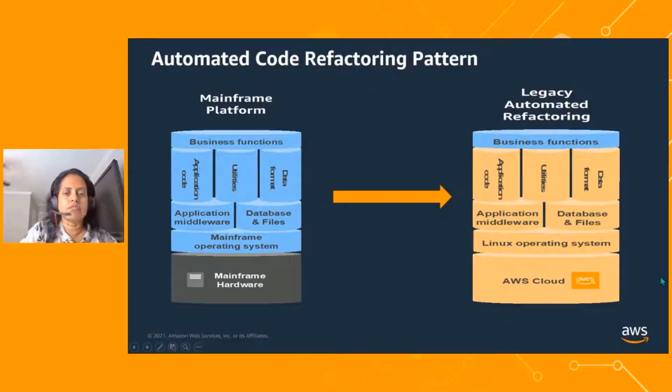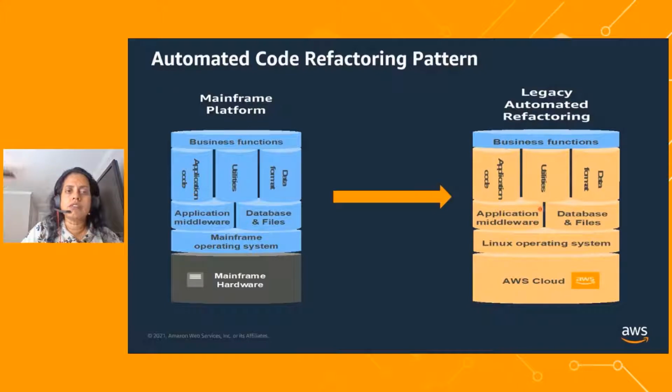In here, anything you see in blue, from the mainframe to the new platform, stays the same. The business functions that exist on mainframe stay exactly the same. What has changed is everything that you see here in yellow.